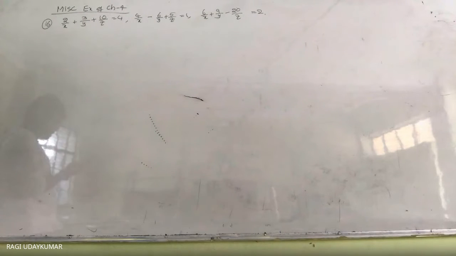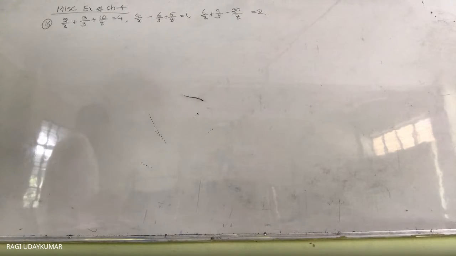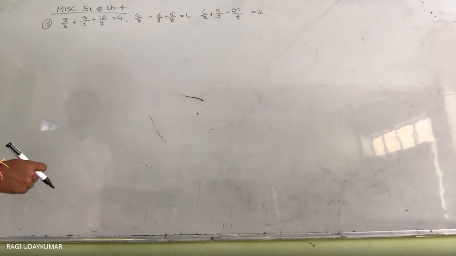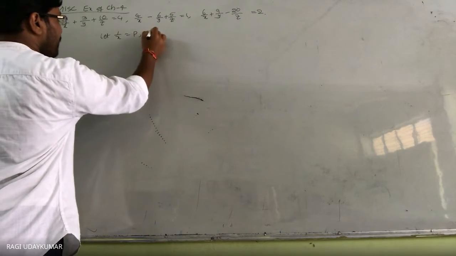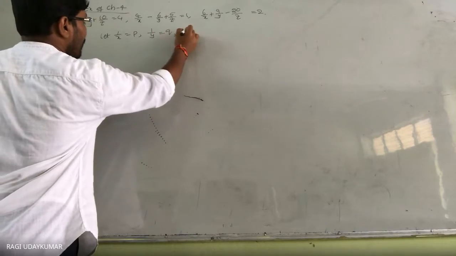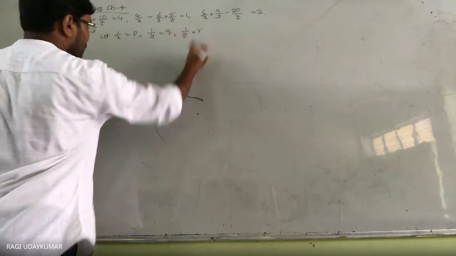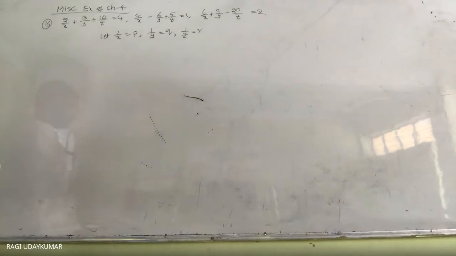So in these situations, what to do here? Let 1 by x equal p, 1 by y equal q, 1 by z equal r. Any other variable you can consider.